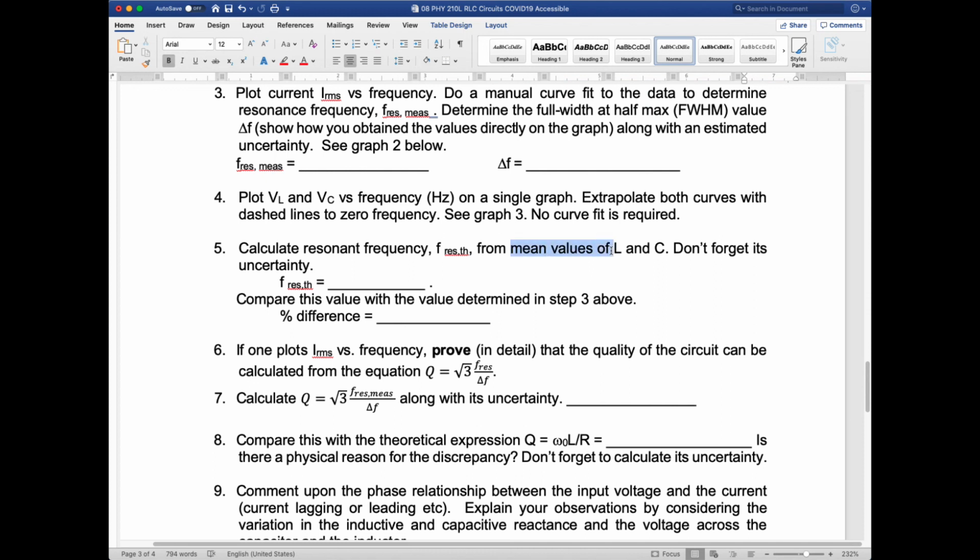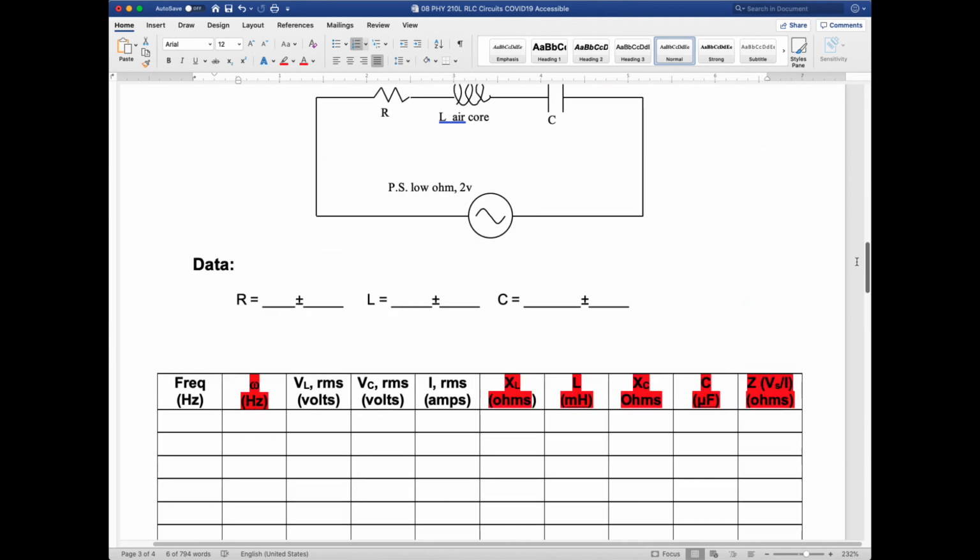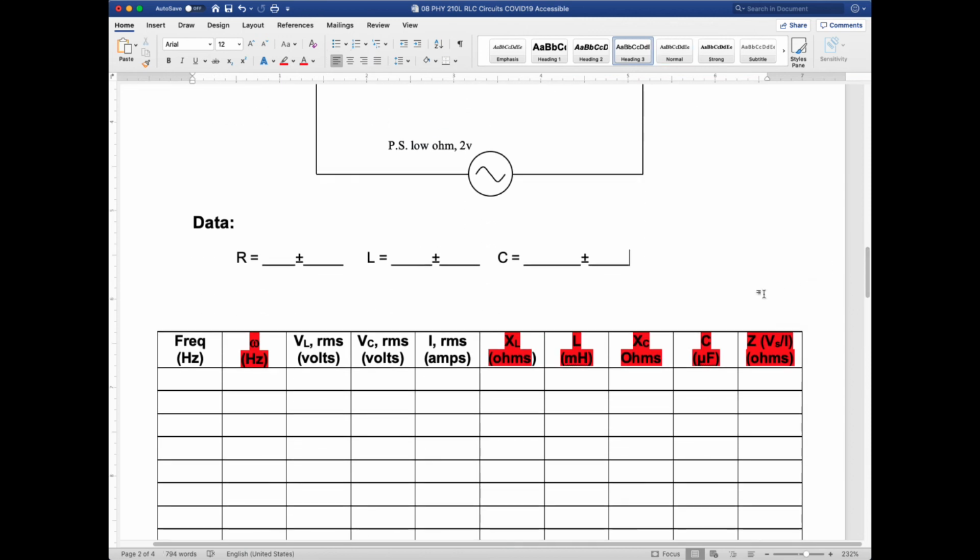So you're going to calculate omega from here and compare. You're also going to get it from the graph. Remember, that 1.0 millihenries is just what's given, right? It's just a number. It's given to us, but we don't know how precise that is, and we don't have a meter to measure it. So we want to see if we can get it from an experimental measurement.